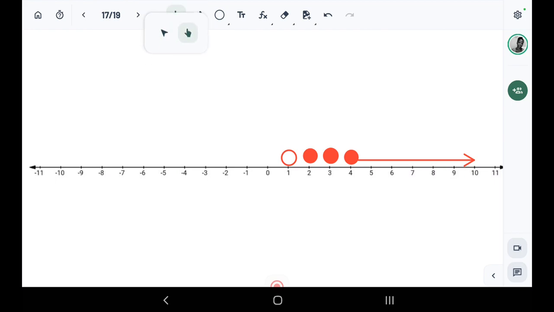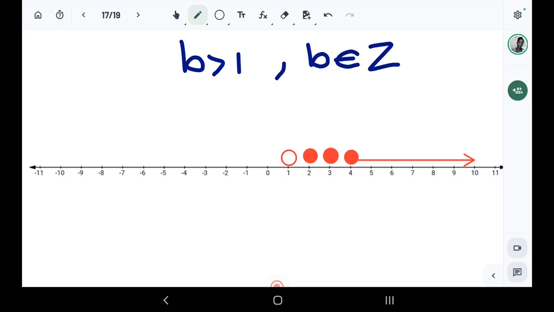It's not necessary. You can leave it out if you feel like it, because it's really not included. But you can show it is part of the inequality because it is at least mentioned, just not included. So this is how b is greater than 1 and b is an element of integers is represented.